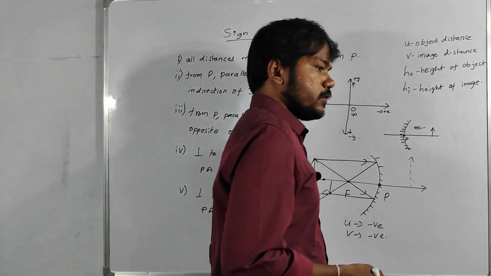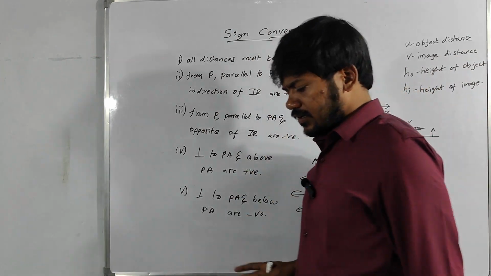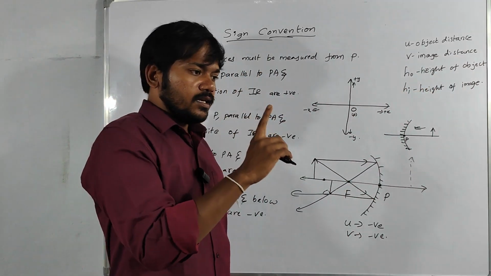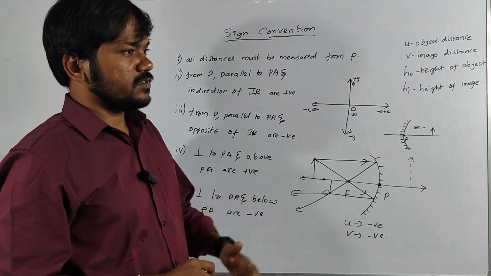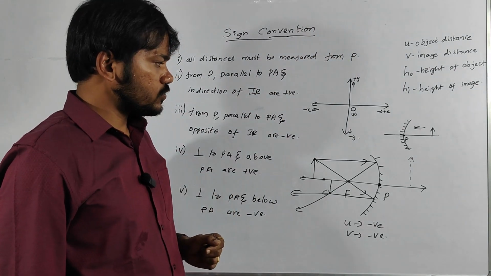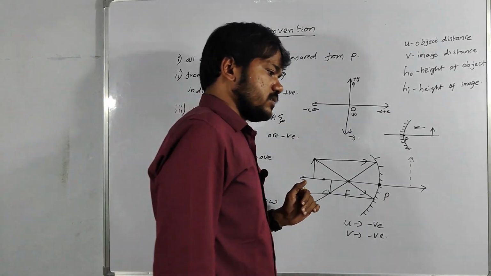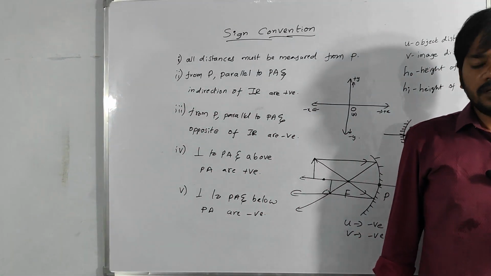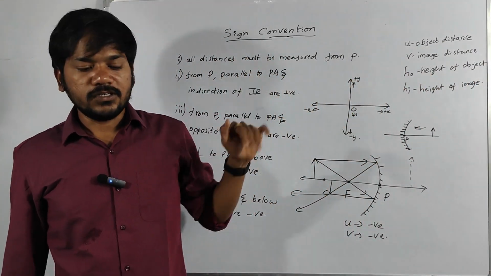Even for the convex mirror, U is always negative for every mirror, whereas V is positive in 3 cases. What are those 3 cases? The last case of concave mirror image formation, where the image is magnified and virtual.